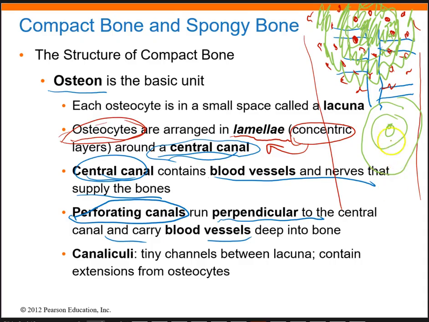And if you think back to math, remember that's called concentric when they're within each other like this. So that's why we say that there are concentric lamella. These layers of bone matrix are called concentric lamella. Lamella is just like layer.